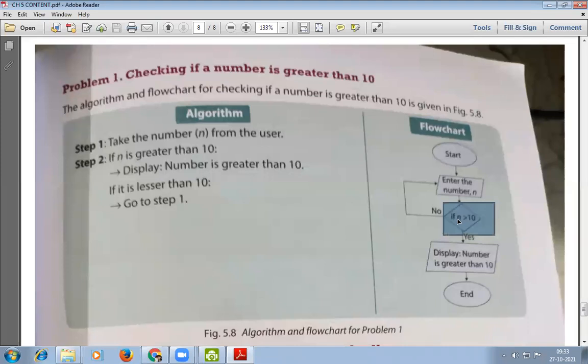I told you the number is 11. So 11 is greater than 10, so it comes in this order. Yes, so the answer is 11. If the number is 5, then the statement goes in this order. No, and enter number. The answer is no.